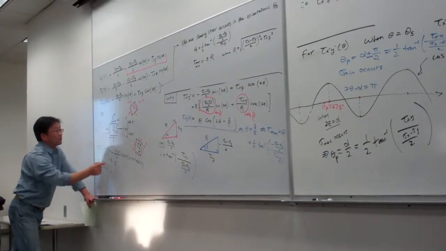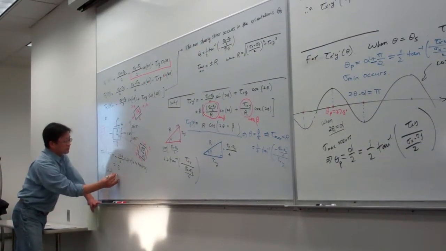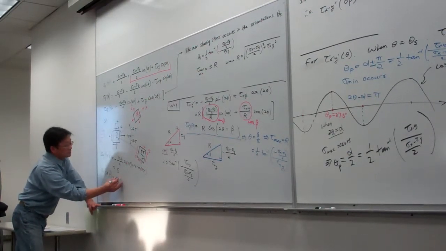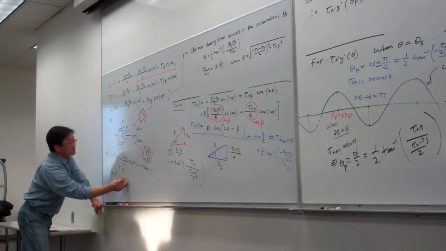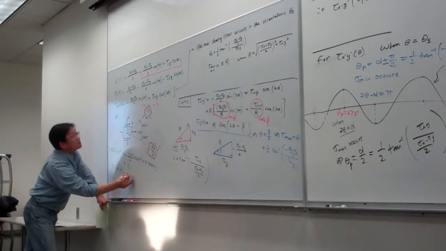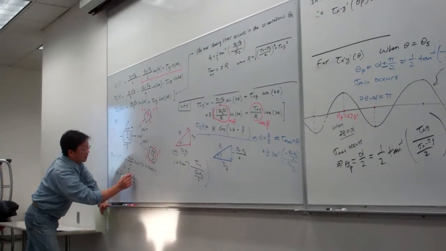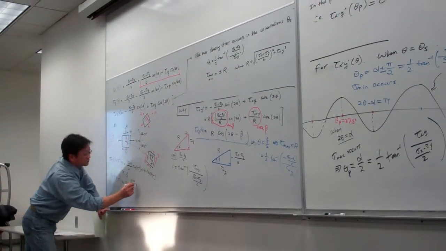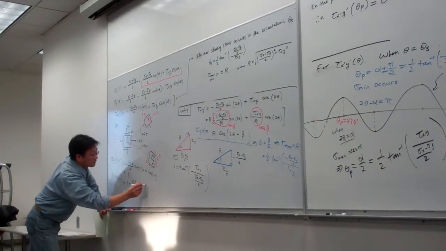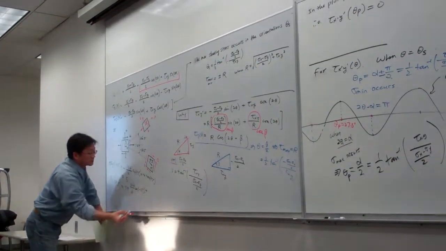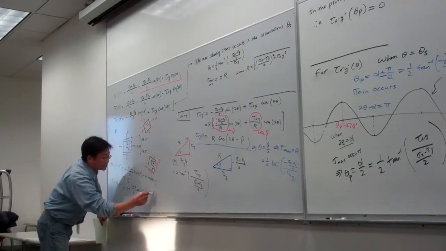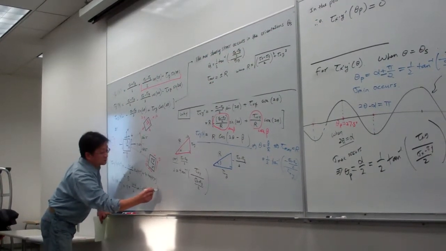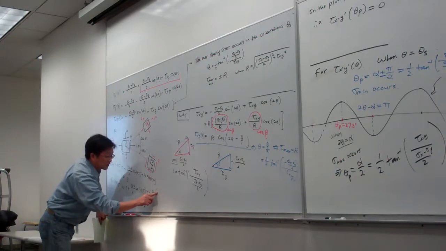Sigma x plus sigma y over 2, 10 plus 4, that's a 7, plus 10 minus 4 over 2 times cosine of minus 37 degrees, plus tau xy equal to 4 times sine of minus 37 degrees.